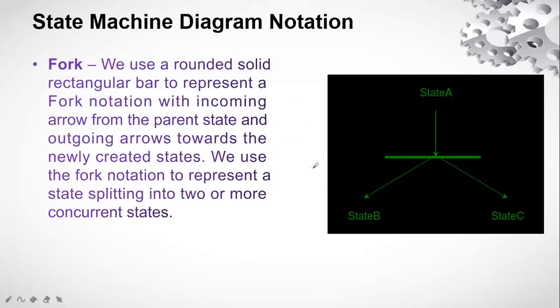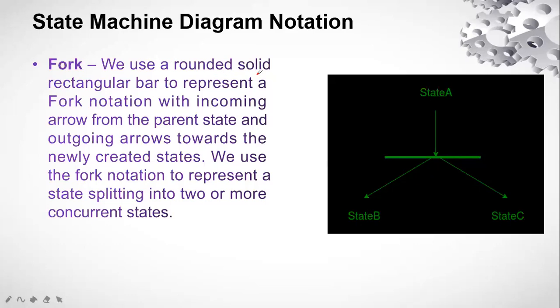Next one is the fork. Fork is the same as what we were doing in the activity diagram. The difference is that we are talking here about the state. The state is taken and divided into two parallel activities. That means one state is split into two parallel activities, one in one direction and the other in a different direction. That is what we call a fork.